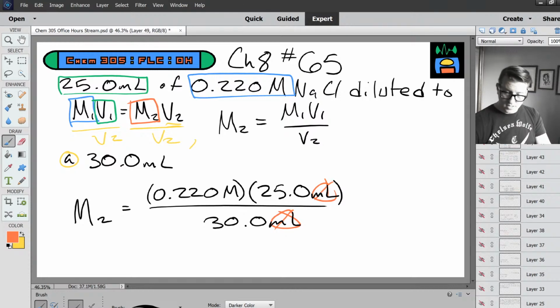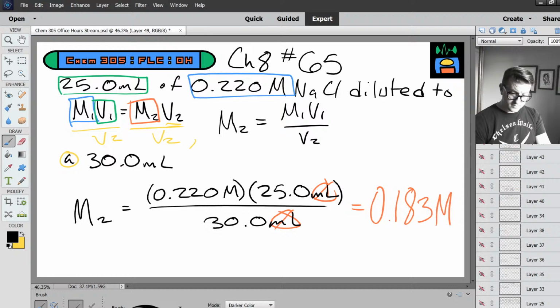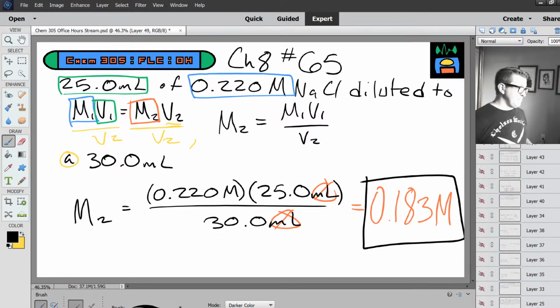Milliliters cancel. Crunching our numbers, 0.220 times 25.0 divided by 30.0 would give us our final molarity, rounded to 3 sig figs, of 0.183 molar. So, chapter 8, number 65, is just a dilution problem.